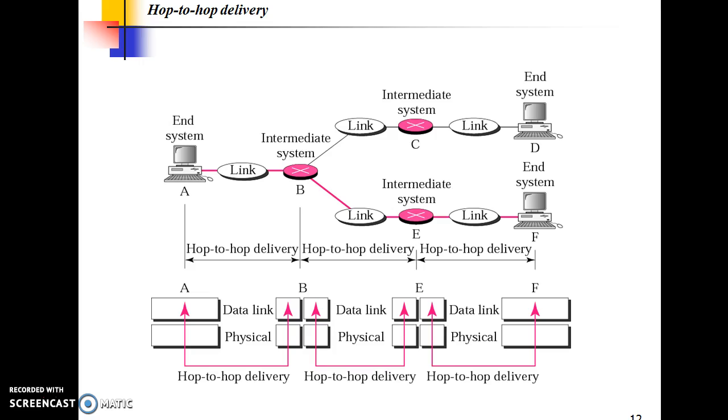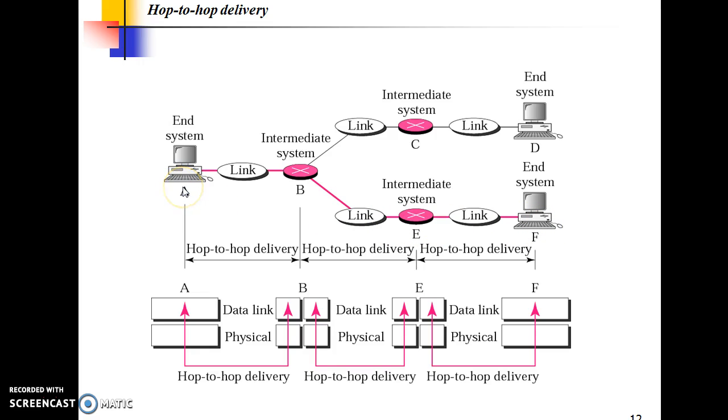Now, hop to hop delivery, what it is called, we will see here. Assume that station A wants to send data to station F. Hop to hop means the data will be transmitted from one node to another network component throughout the network. So if A wants to send the data to F, then A will send the data to B, then E, then F, right?